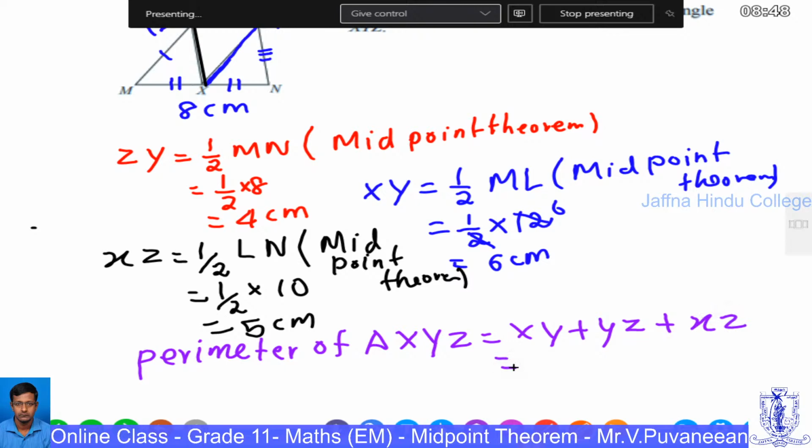XY is 6 centimeters plus YZ is 4 centimeters and XZ is 5 centimeters. So 15 centimeters. The perimeter of triangle XYZ is 15 centimeters.